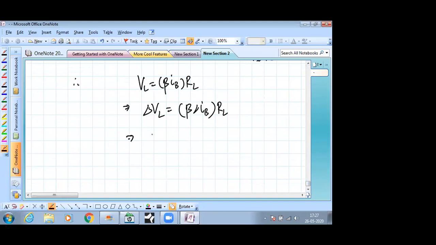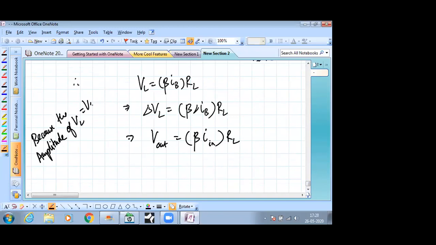Now, this will therefore become beta times, because the amplitude of VL is nothing but the output voltage, and on the other side, the amplitude of IB is nothing but I input.